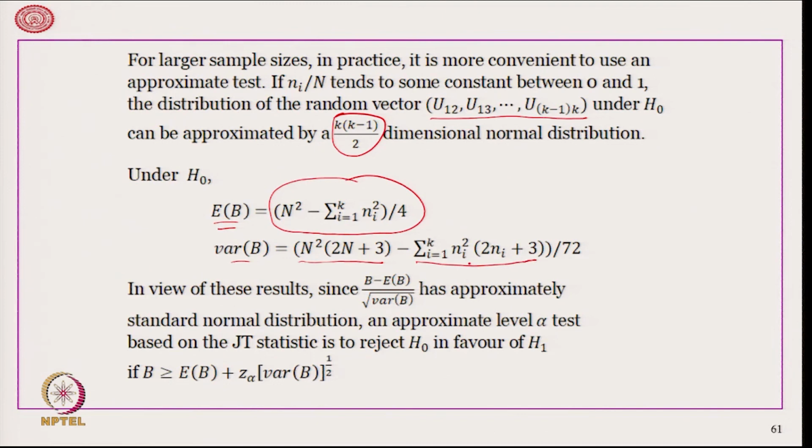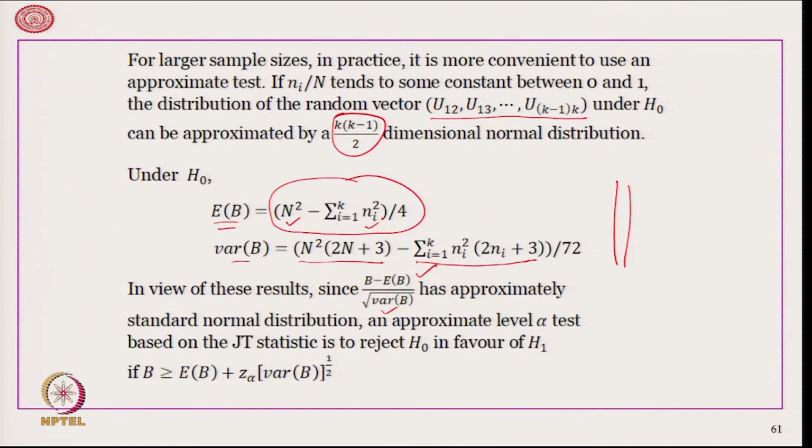We are not going to derive this here, there is no scope. However, we know that when N is large, then (B minus expected value of B) over the square root of variance of B can be considered to be a normal approximation, where expected value of B and variance of B can be found, without going into the detail, simply from the values of capital N and small ni, i equal to 1 to k.